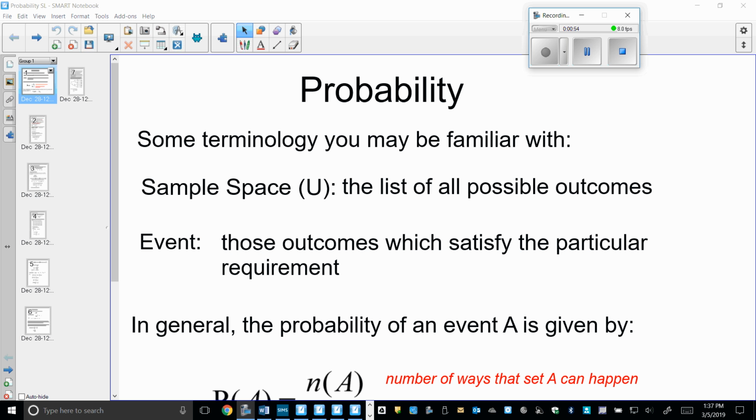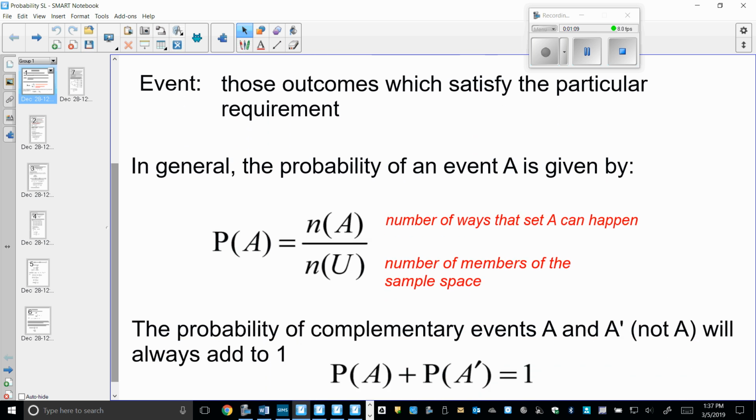If we talk about an event, it's the thing that we're interested in. So for example, if we want to roll a 4, the event is rolling a 4. In general, the probability of any event would be written with a big P to show probability.